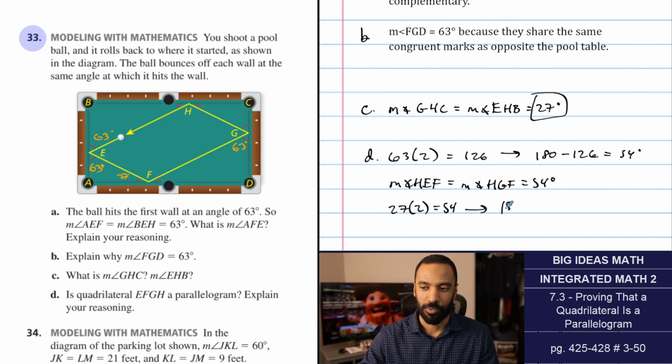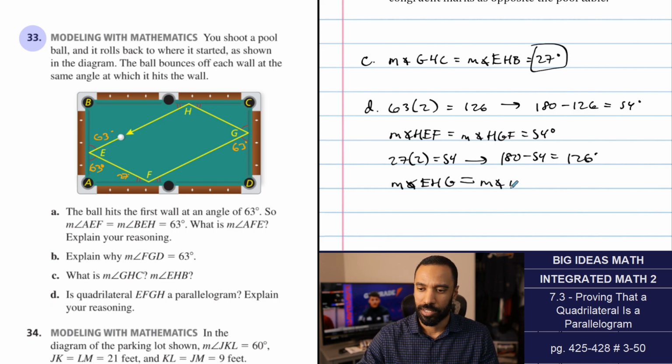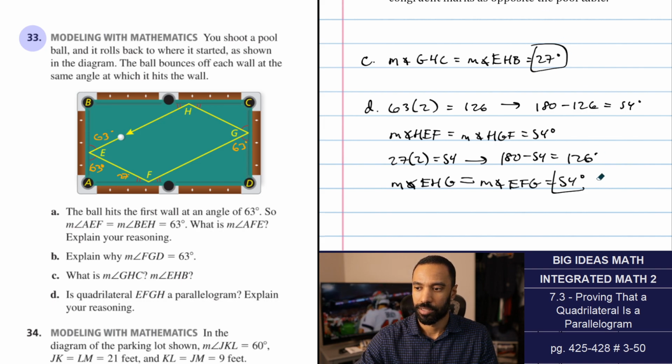And, oh, check that out. 180 minus 54 is 126. And measure of angle EHG, I really slowed down on these problems, is the same as measure of angle EFG, which is 54 degrees. So we got 126 degrees.